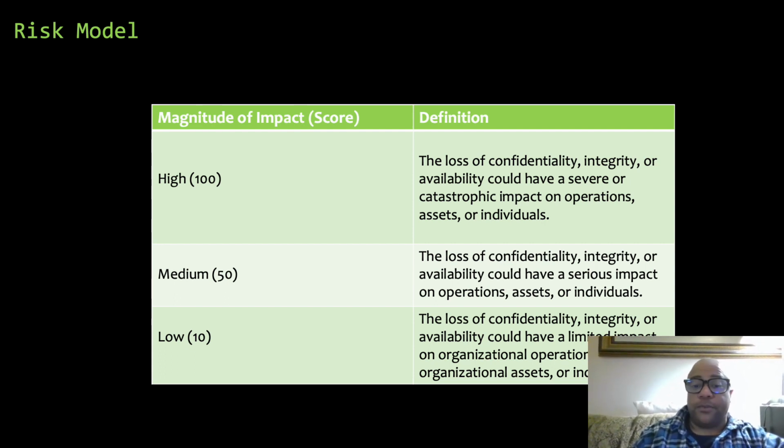At the medium level, this same level of loss could have more of a serious impact on operations, assets, or individuals. And then at the highest level, loss of confidentiality, integrity, or availability could have a severe or catastrophic impact on operations, assets, or individuals.